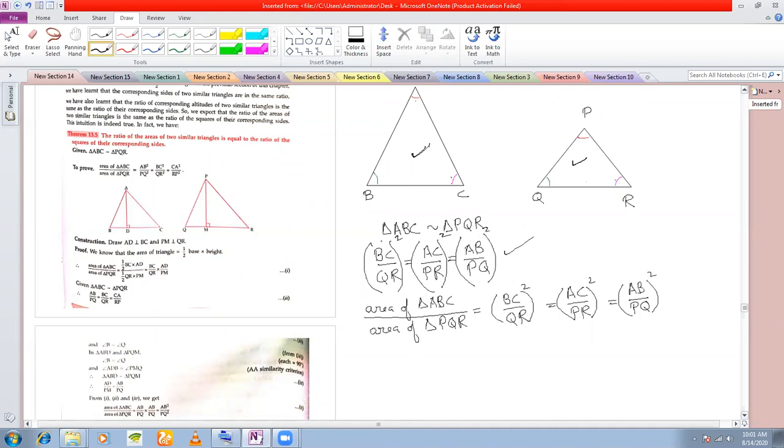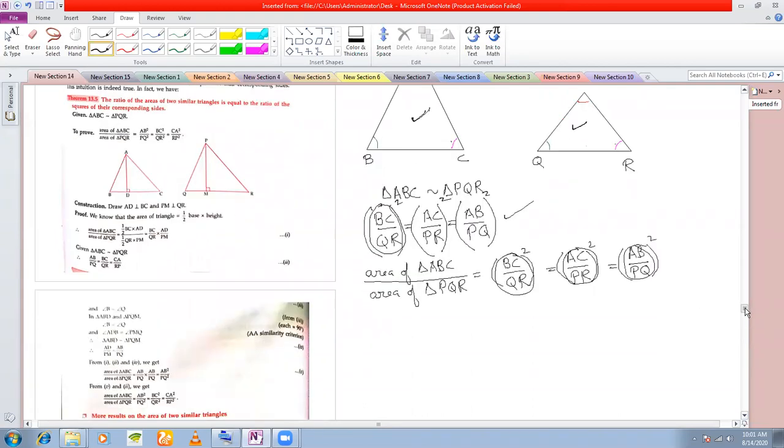Understood? BC by QR whole square, the square of proportional sides. Okay, so this is what will give you the ratio of the areas of the triangles. So that is what we call the relation between the areas of similar triangles.